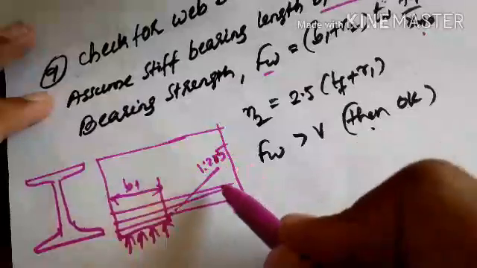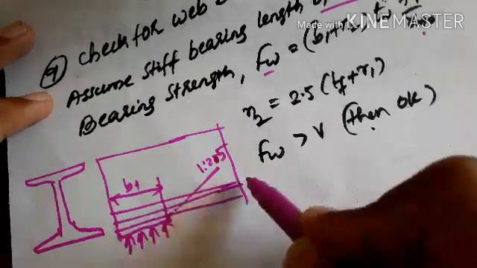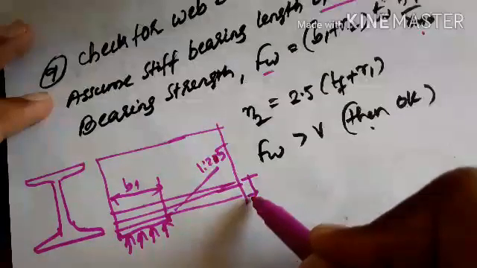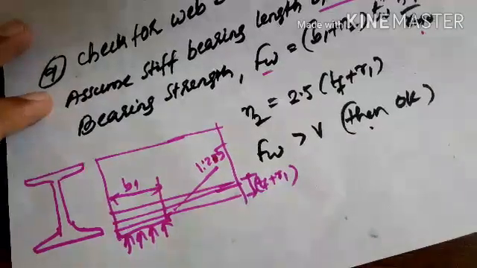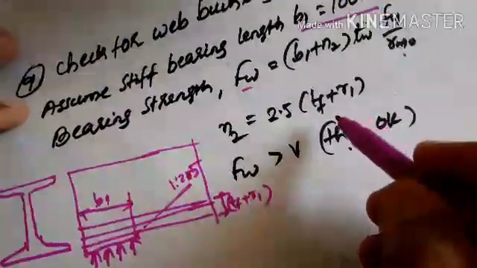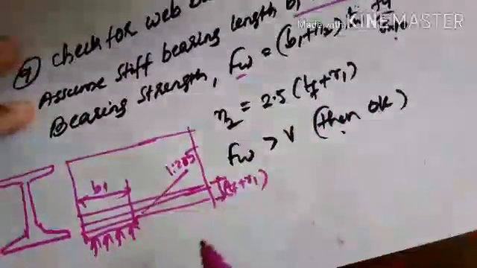I have explained this in web crippling, and this will be tf plus r1. So how do we get this n2 as 2.5 times (tf plus r1)?